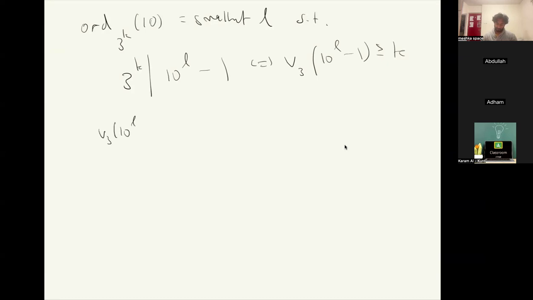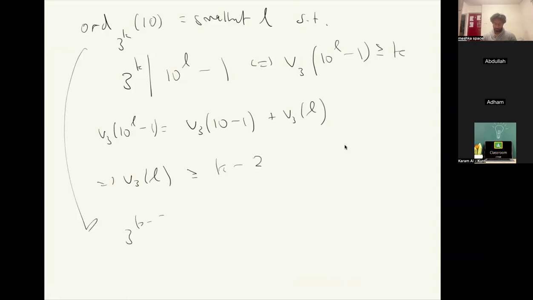It says this is equal to the valuation for 10 minus 1 plus the valuation for L. So I need the valuation of L to be at least k minus 2, and the smallest such number will be 3 to the k minus 2. Does it make sense?